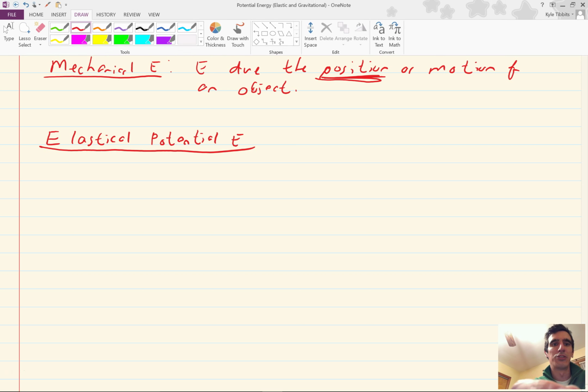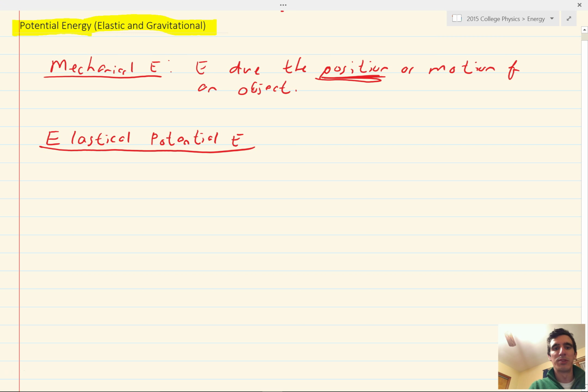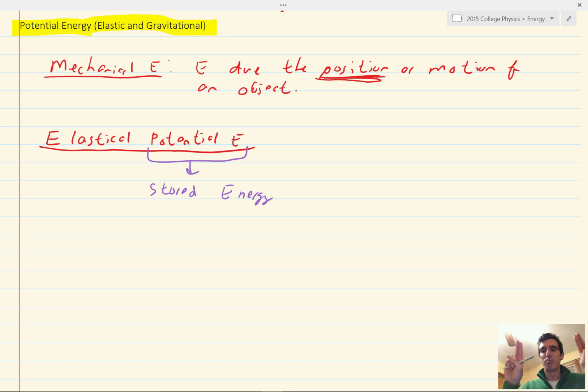Elastic potential energy. If you've learned before, potential energy is energy that is stored. That means it's energy that's available to be used, so it's not currently being used at the moment, but it has the potential to be used.